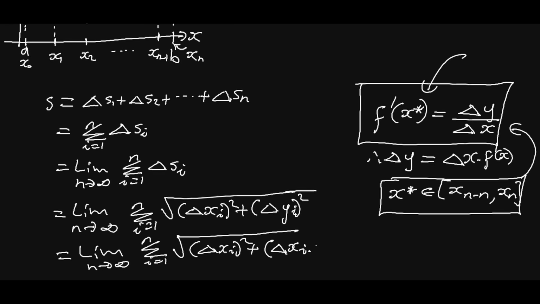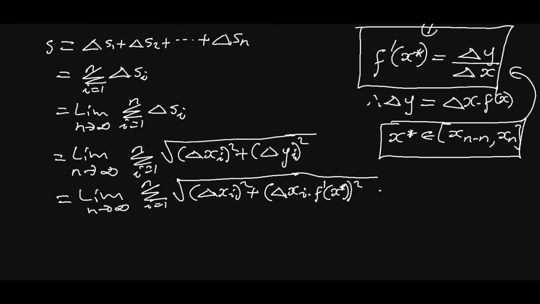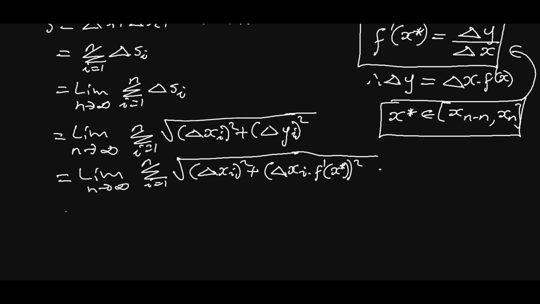Then it's a times f prime x star, power 2, right? So as we try to simplify this further, this will be the limit as n tends to infinity, i equal to 1, then our square root.